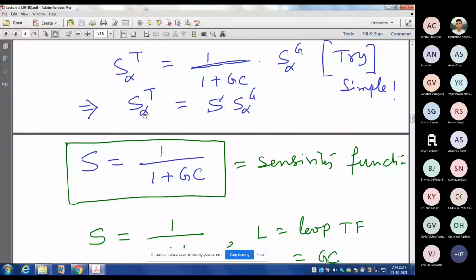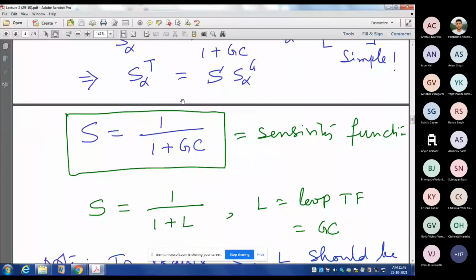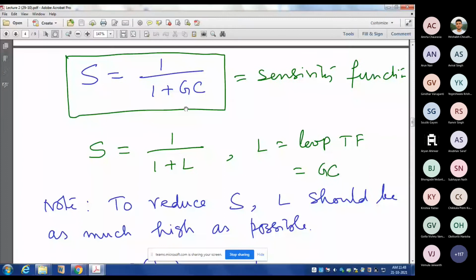That's why we use feedback amplifiers. Because change in temperature will affect least, feedback action in an amplifier reduces the sensitivity. This is the concept. Actually, this concept is coming from the feedback amplifier, the sensitivity term. So now we'll see how to represent S in the Nyquist plane.